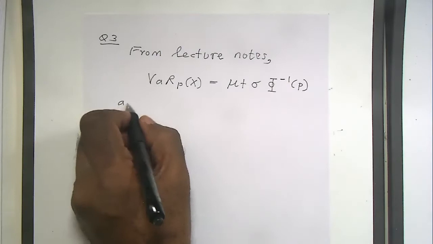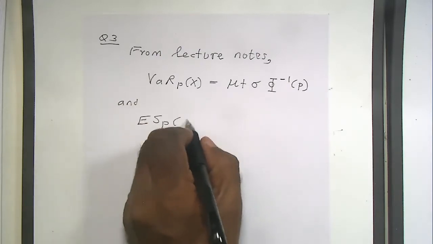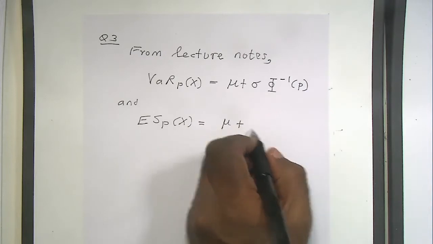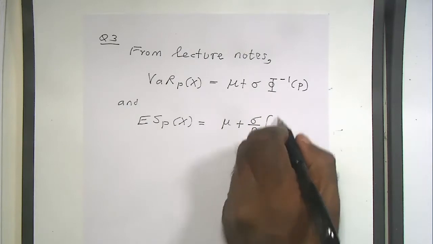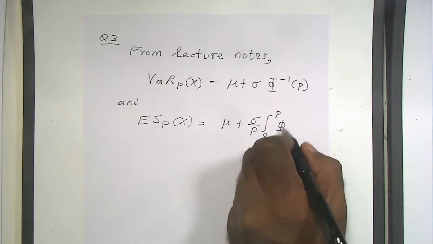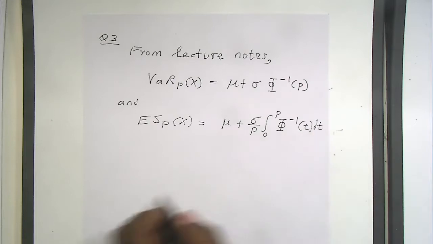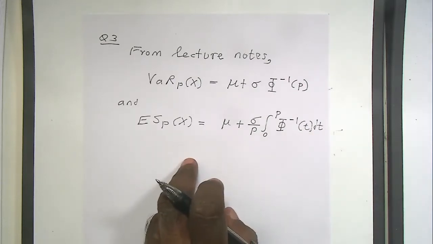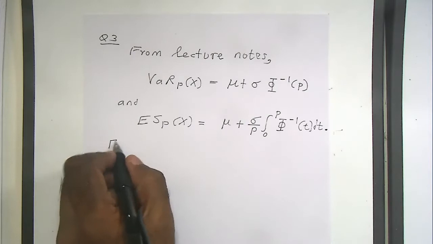Okay, and the formula for ES, if you look back in the notes, you will see is mu plus sigma divided by p. Do you remember these formulas? I did this in the class a while ago, maybe this week or last week, I can't remember. You should just look back.